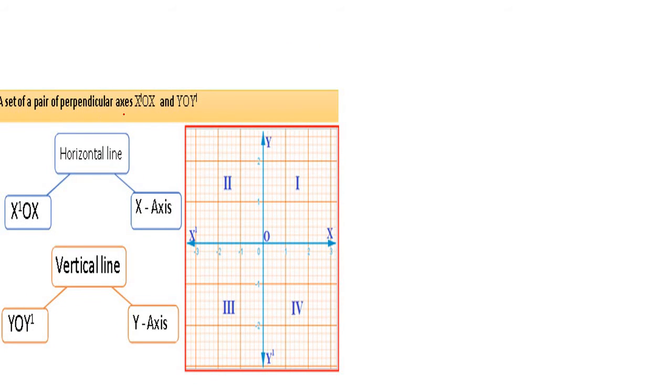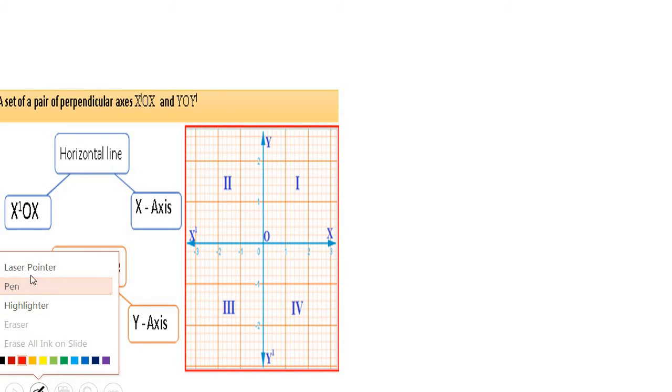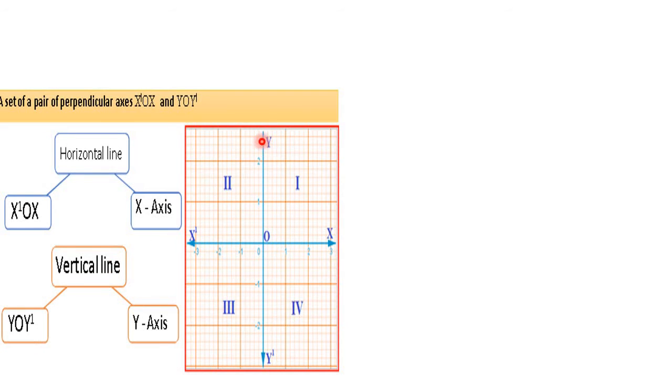A set of a pair of perpendicular axes, XOX' and YOY'. Here XOX' is the horizontal line, called the x-axis. The x-axis is positive towards the right side and negative towards the left side.